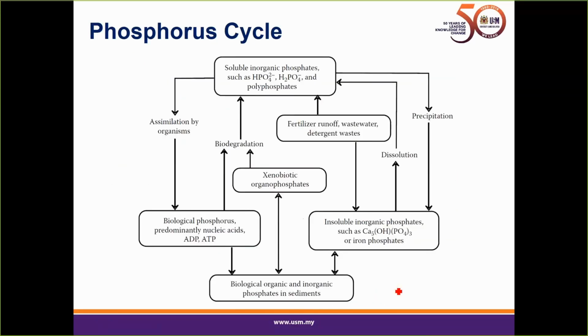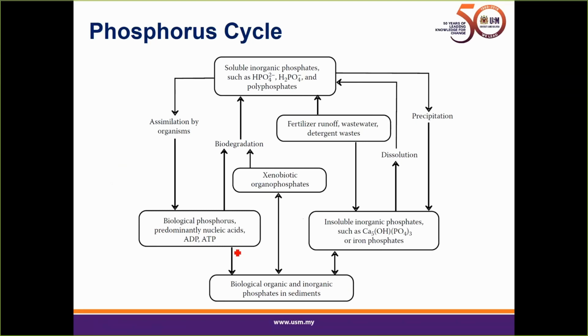Here is the flow diagram indicating the main processes and main species or compounds involved in the phosphorus cycle. So you have here the insoluble inorganic phosphates that undergo dissolution to produce soluble inorganic phosphate. And from here, it can be assimilated by organisms to produce biological phosphorus, which is used in our nucleic acid, ADP and ATP.